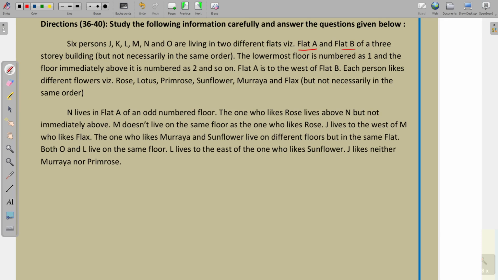The lowermost floor is number 1 and the floor immediately above is number 2 and so on. Flat A is to the west of flat B. Each person likes a different flower: rose, lotus, primrose, sunflower, marigold and flax. Okay, here we have a 3-floor puzzle. So see, 3, 2, 1.